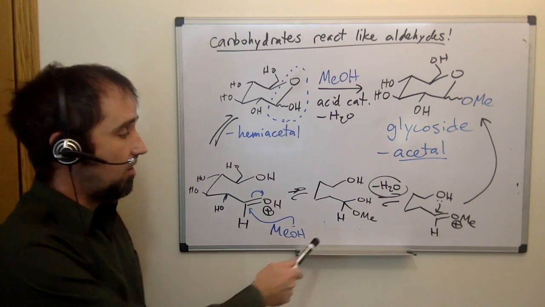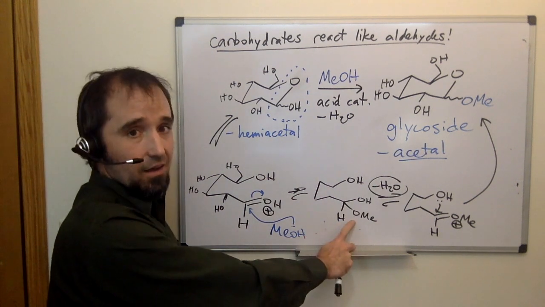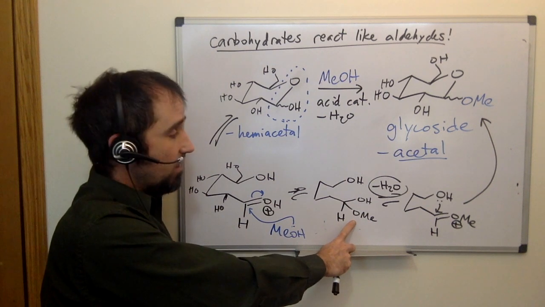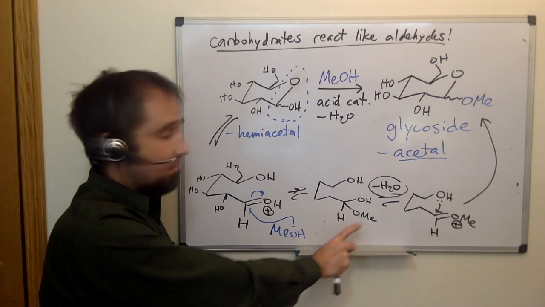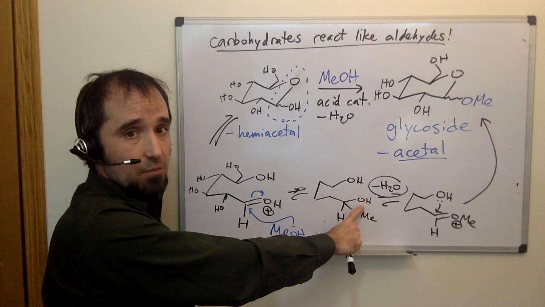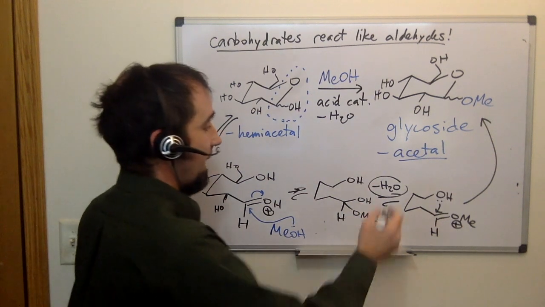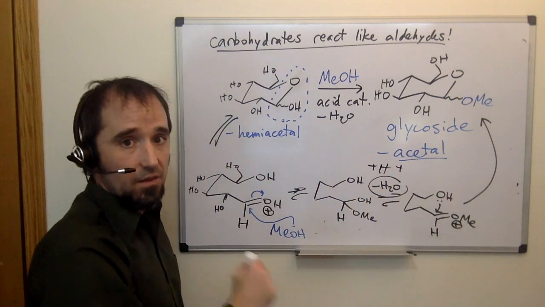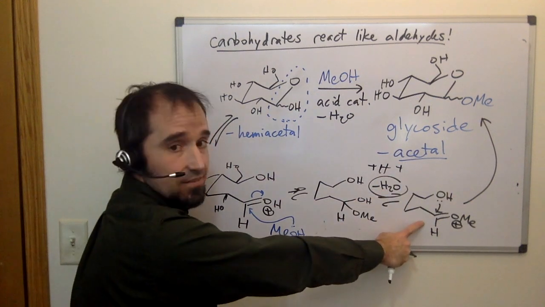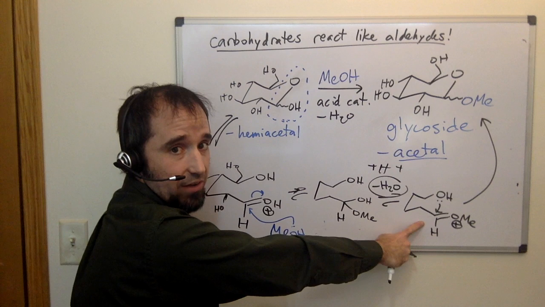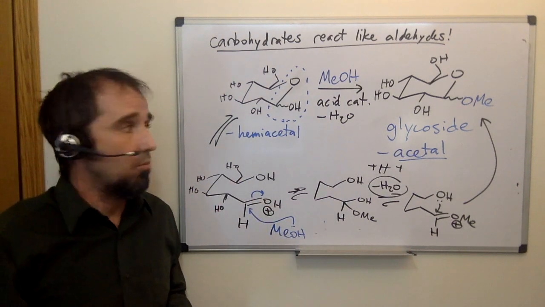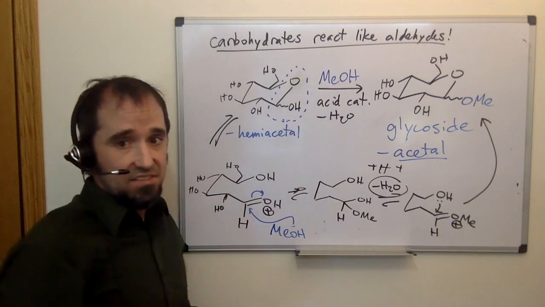We'll attack here. We'll get, I guess this is also a hemiacetal, but then we can use our acid catalyst to make this OH a better leaving group. So if we add acid and we remove water, then we get to this very reactive electrophile, which can then get closed back up as we reform our acetal here.